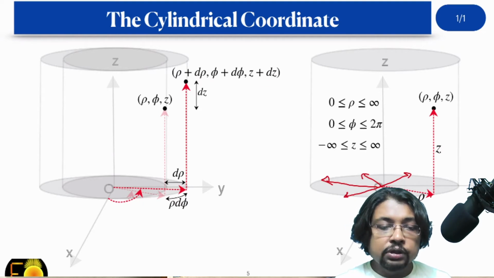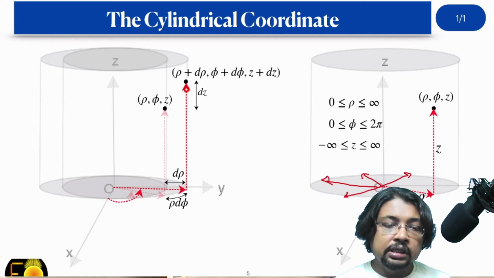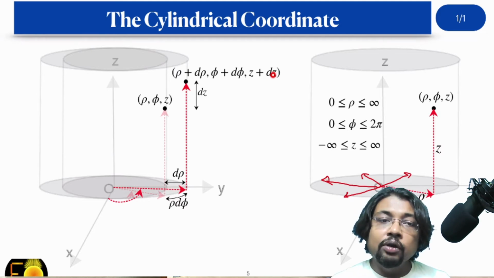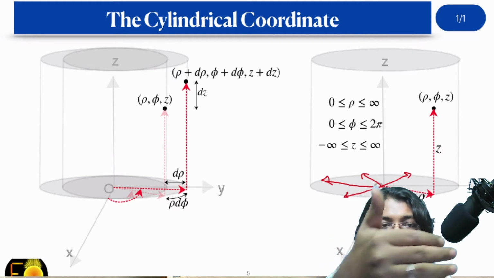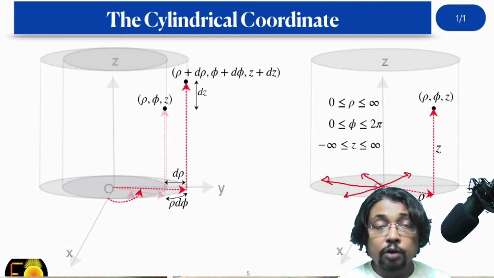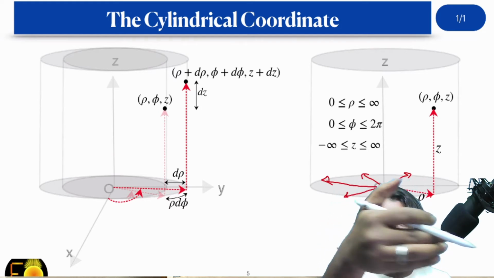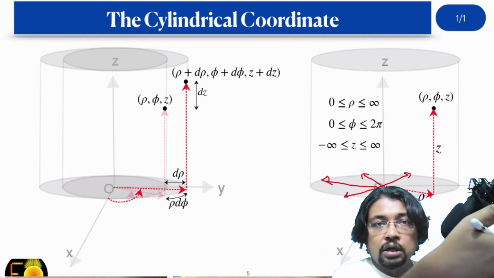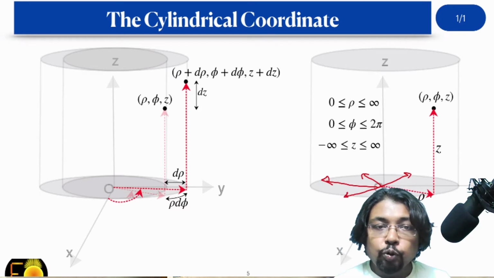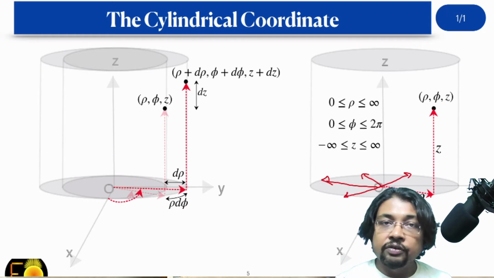When you are moving along the z direction, the elementary length is dz. But when you are moving along the angle, basically you are moving along a curved path, and that curved path follows the curved surface of the cylinder, like this.